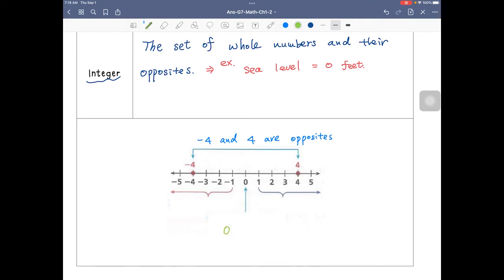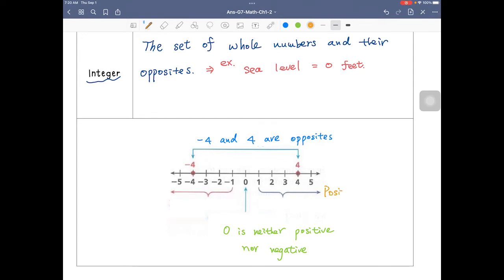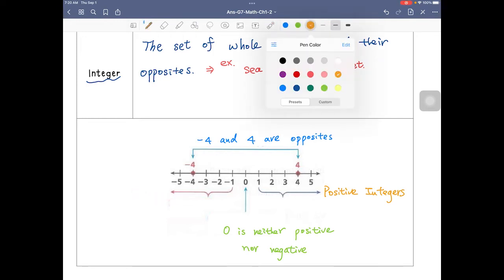Things to the right we call positive integers, and things to the left of 0 we call negative integers.